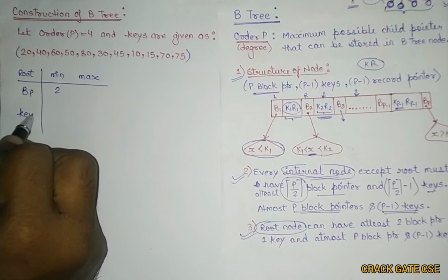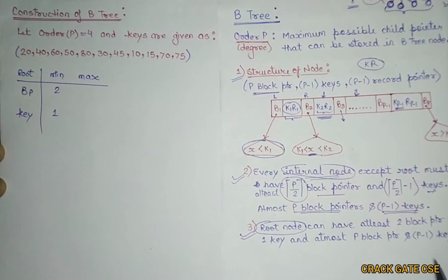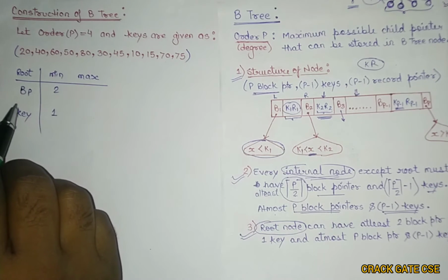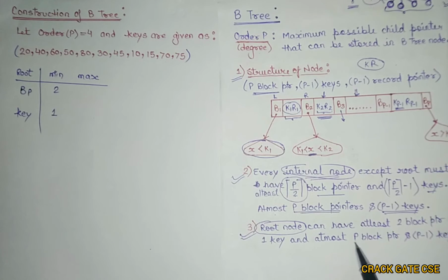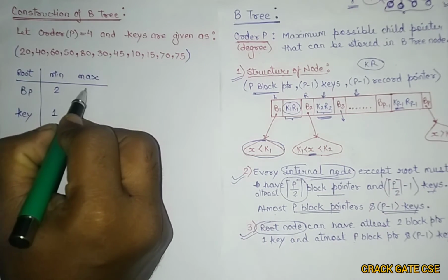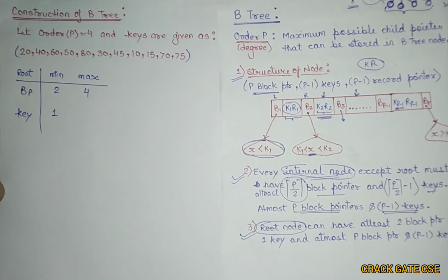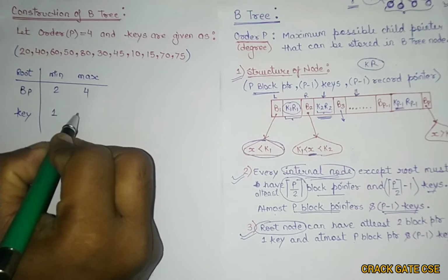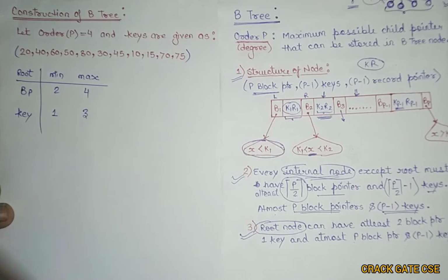One key, because keys are always one less than block pointers. The maximum is p block pointers, and p here is 4, so a maximum of 4 block pointers. If 4 block pointers are there, then keys are 4 minus 1, that is 3.